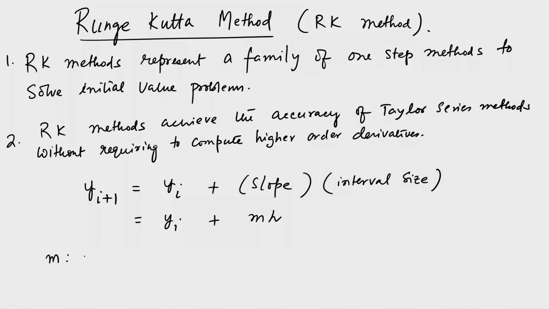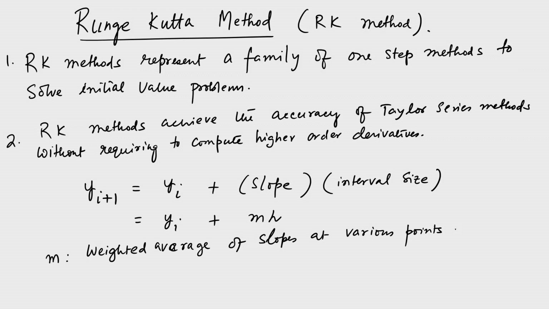Okay. So, m importantly is the weighted average of slopes at various points in the interval between xi plus 1 and xi, that is in the interval h.